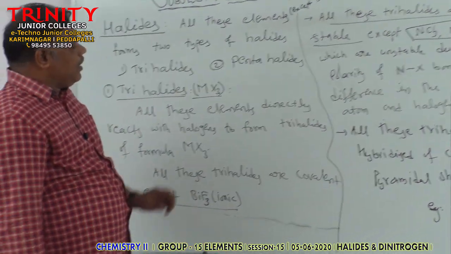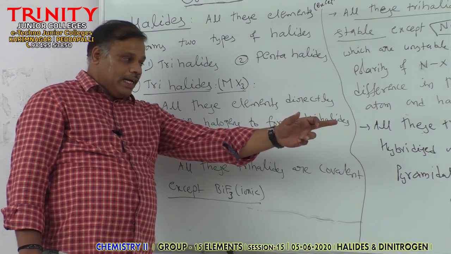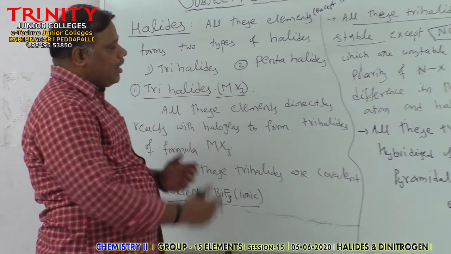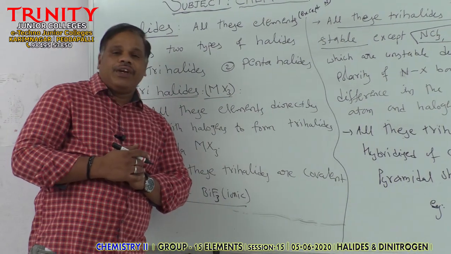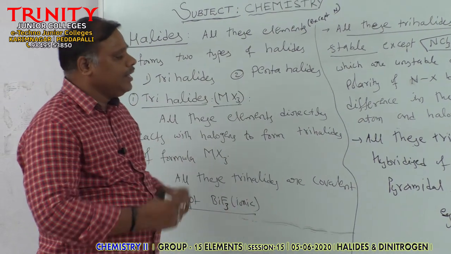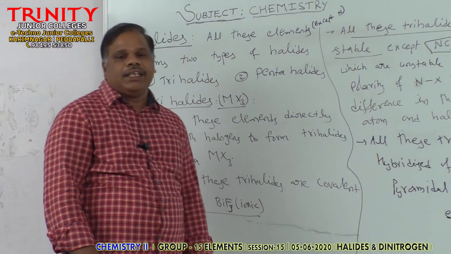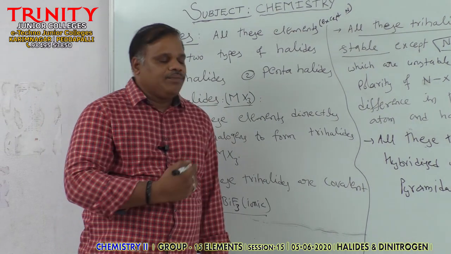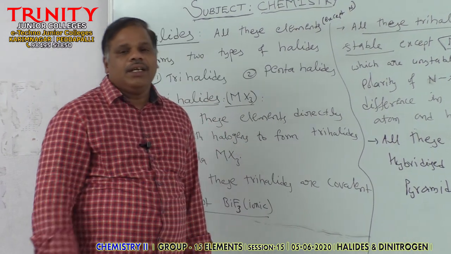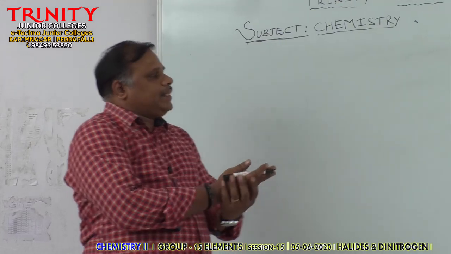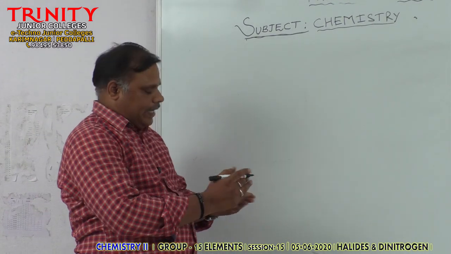Now, beyond the halides of nitrogen, what is the basic strength among the halides of group 15 elements, that is NX3 to PX3? Basic strength of nitrogen halides is completed.